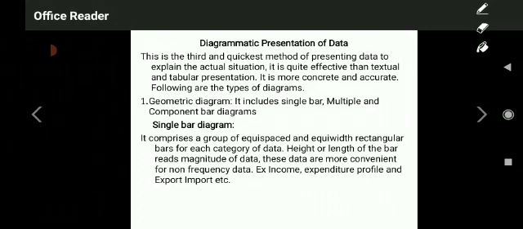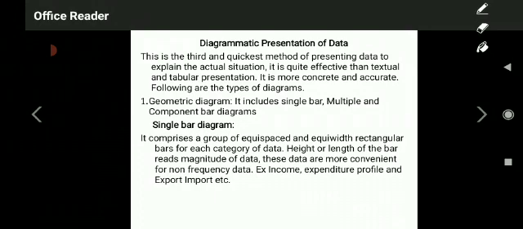The types are geometrical diagrams, which include single bar diagram, multiple bar diagram and component bar diagrams. Here, multiple and component bar diagrams are as good as the same. Now let us understand these types of diagrammatic presentation one by one.